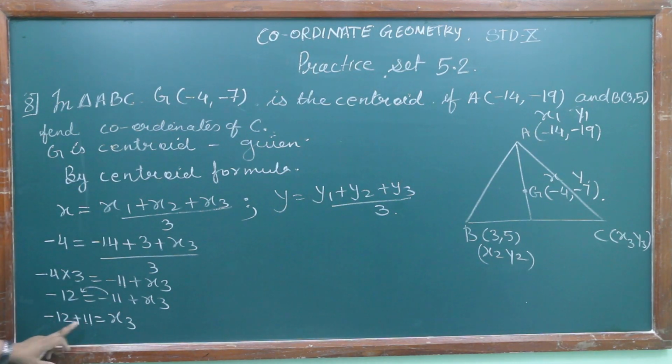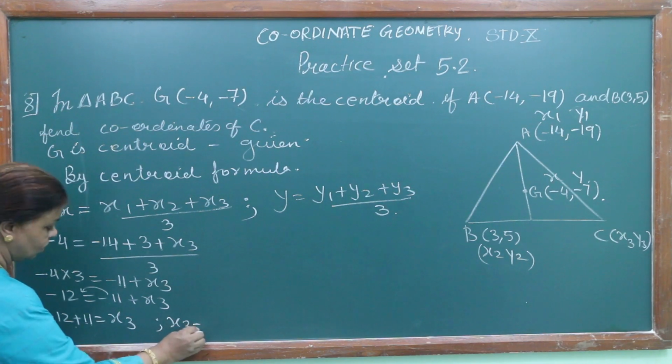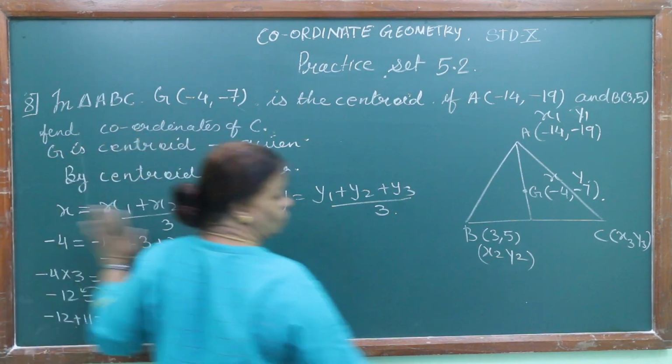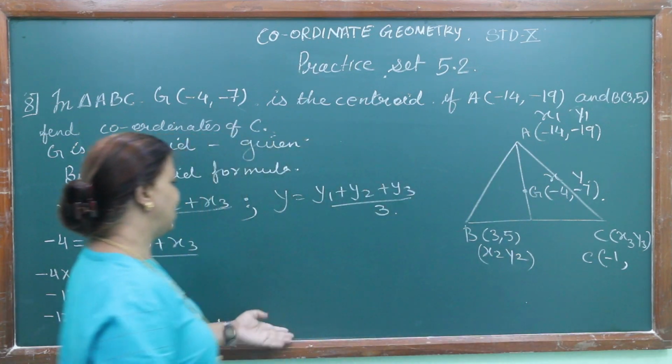So there will be subtraction, sign of greater number. So we have the x coordinate of point C, first one, -1. Let us find the y coordinate.